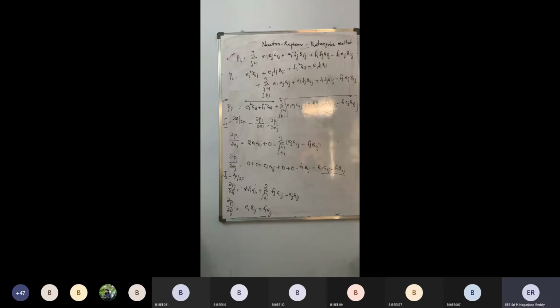Now I will start my submatrices calculation. First of all, J1, which is of the format dou P by dou E, and the elements can be I with respect to I and I with respect to J. So the first format, dou Pi by dou Ei, derive this expression with respect to Ei.